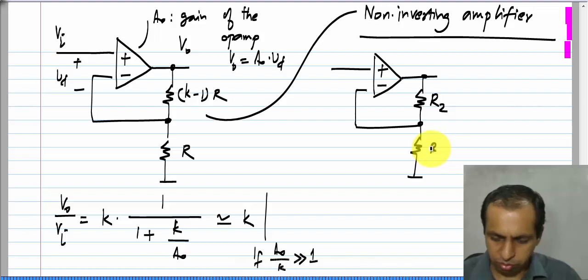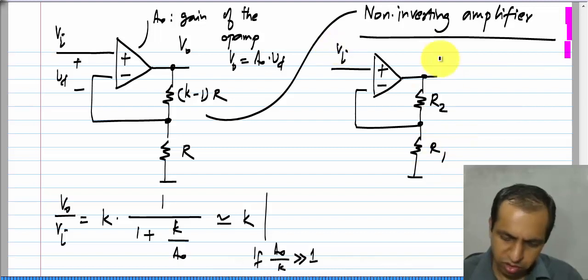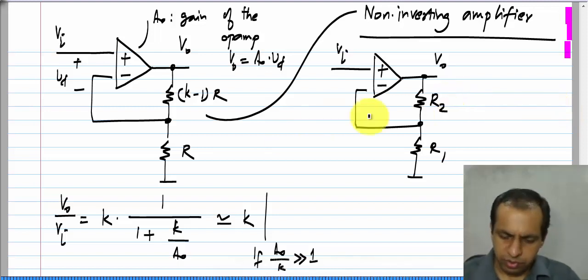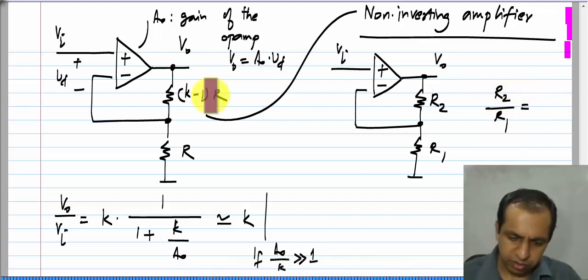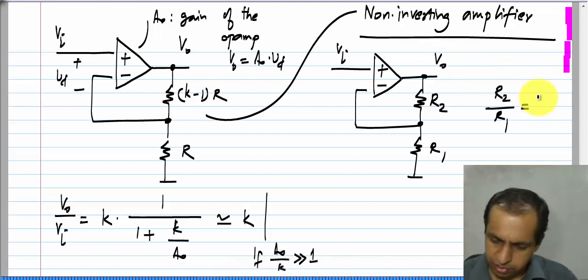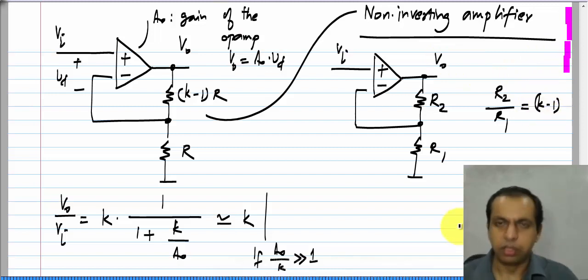This is called R2 and R1. Okay. The circuit is exactly the same. So, R2 by R1 is nothing but the ratio of this resistor to that resistor, which is K minus 1.